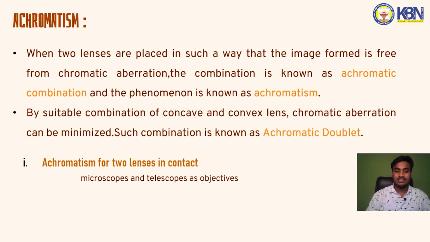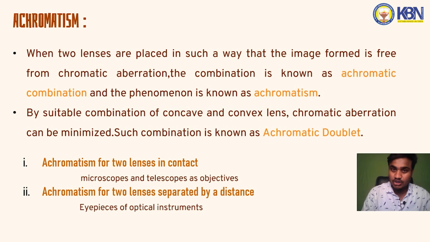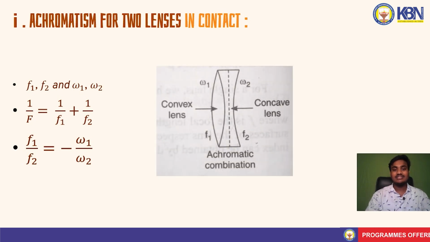Achromatism for two lenses separated by a distance is used for the eyepieces of optical instruments. Now coming to the first one, achromatism for two lenses in contact. Here in this diagram you can see f1 and f2 are the focal lengths.